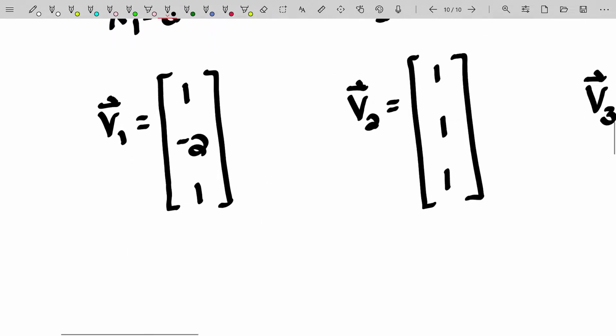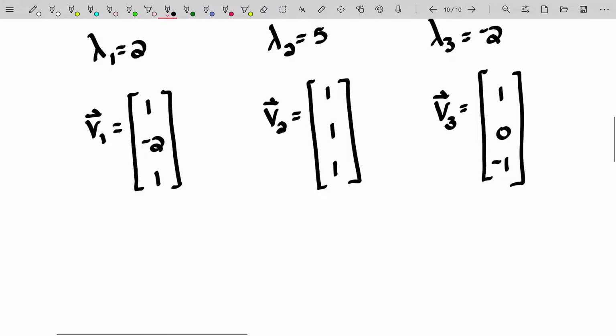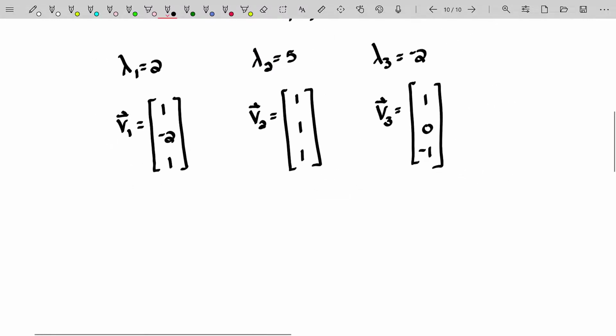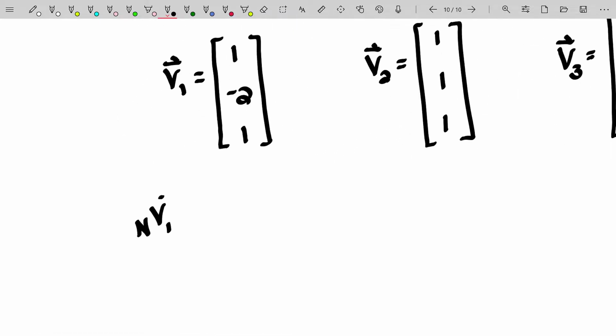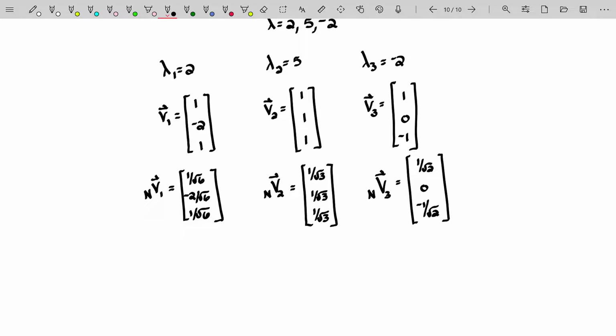Note that each of these vectors are actually orthogonal to each other. You can double check it, go through if you want to. They really are orthogonal to each other. And I'll go ahead and normalize them. So there we have now 3 orthonormal eigenvectors for the matrix A.